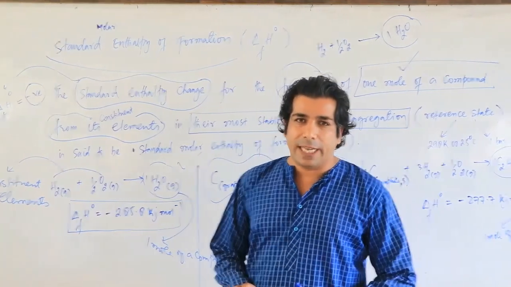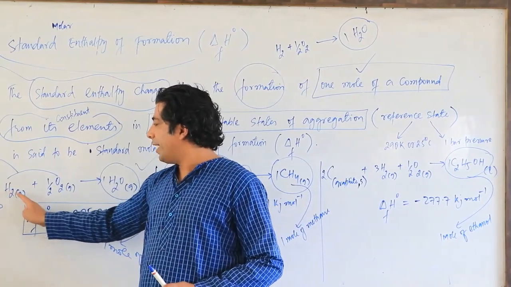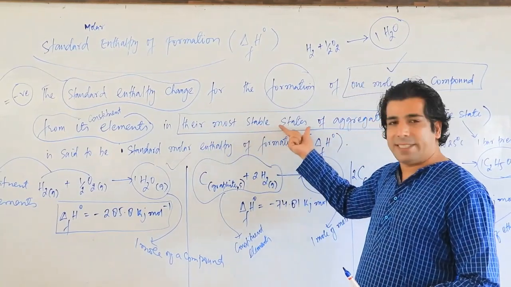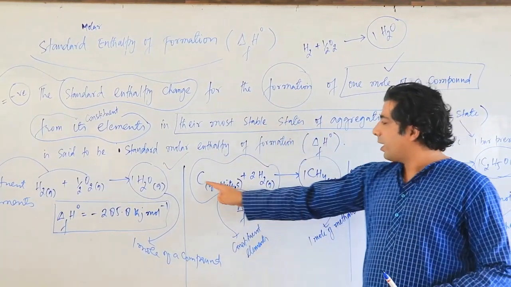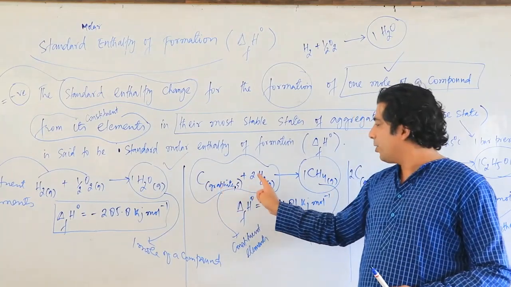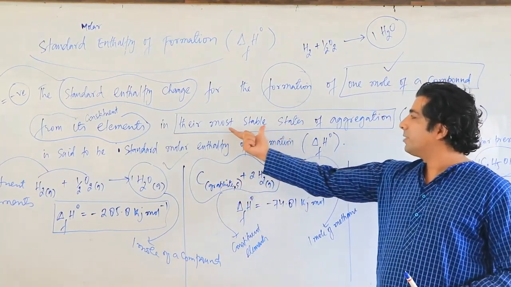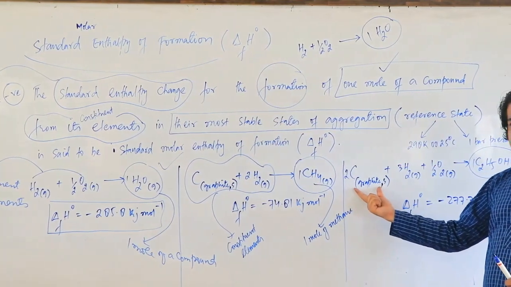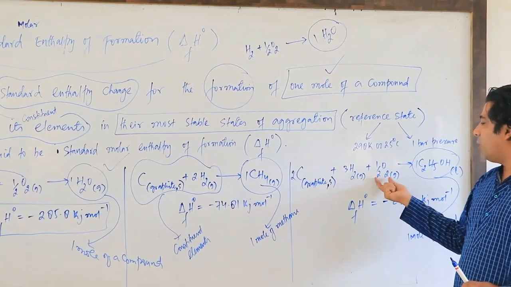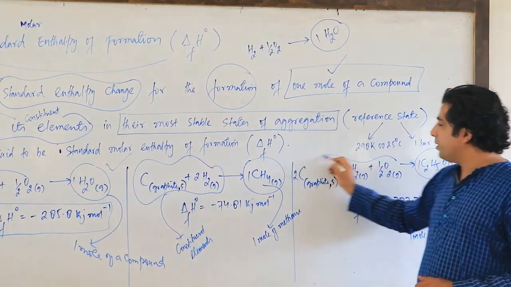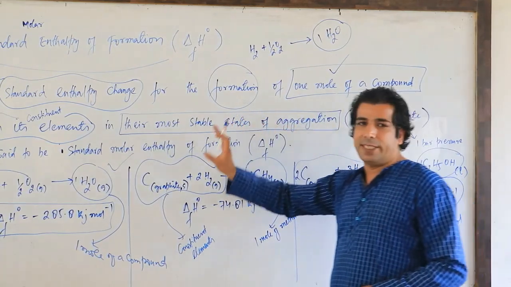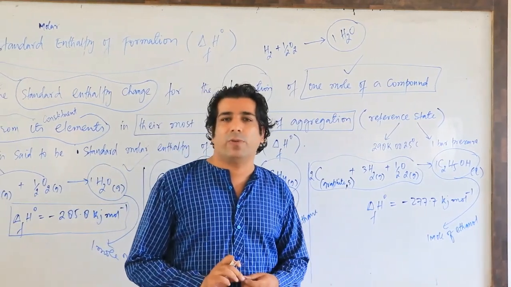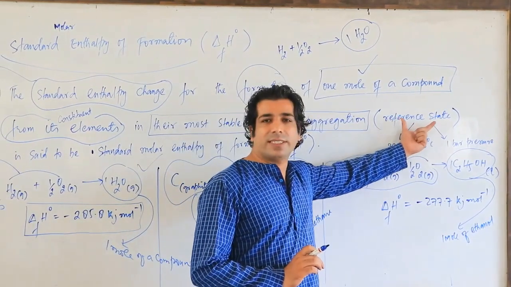Now my point is that hydrogen in gaseous state and oxygen in gaseous state will be considered the most stable states, remember. Carbon as graphite and hydrogen as gas will be considered the most stable states of aggregation. Carbon as graphite, hydrogen as gas and oxygen as gas are the constituent elements in their most stable states. The temperature should be 298 Kelvin and the pressure 1 bar for the reference state, my dear friends.